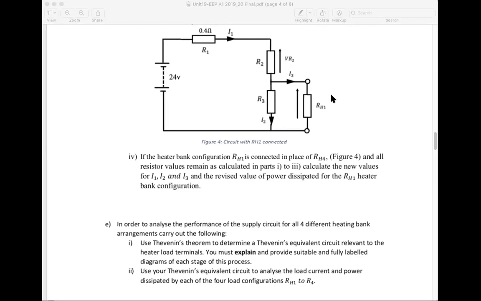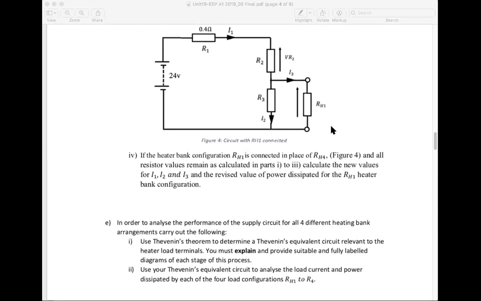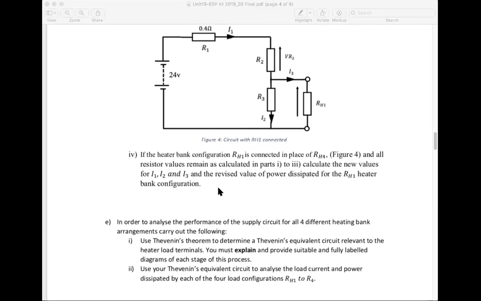What you'll then end up with is the circuit that has one voltage source. It won't be 24 volts, it'll be a different value. One series resistance, and your two terminals A and B that you can then connect any one of your heater banks in and do your calculations.